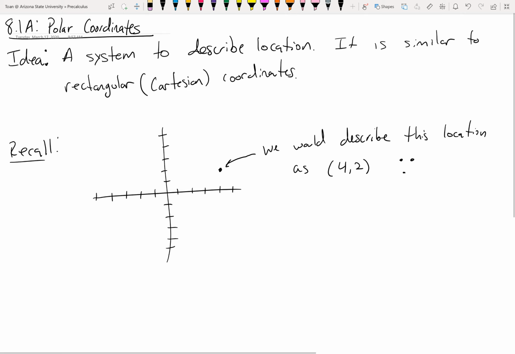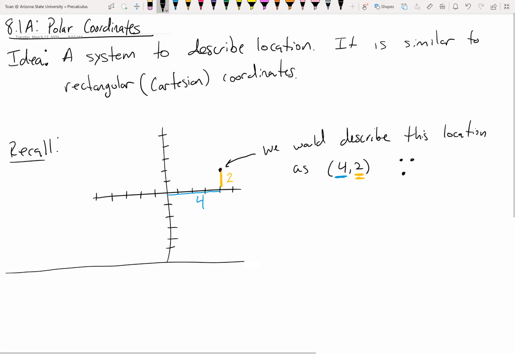Because, I guess I should get rid of this period, from an arbitrary starting point, from the origin, we can see that it is 4 units to the right and 2 units up. So the rectangular or Cartesian coordinate system describes location based upon left and right movements and up and down movements from a particular central location.